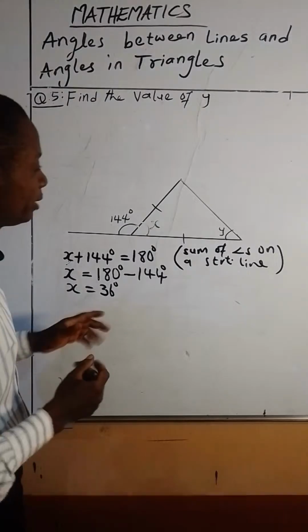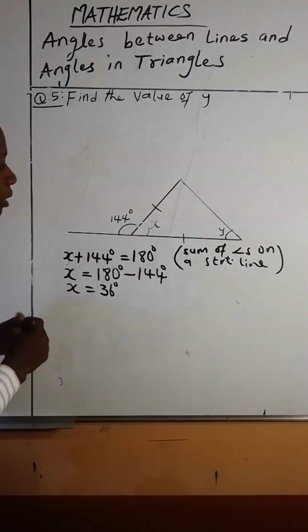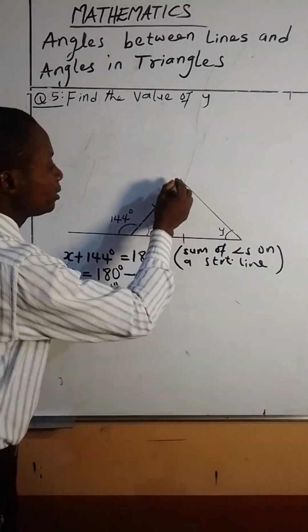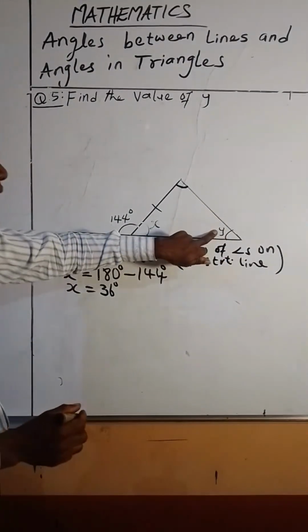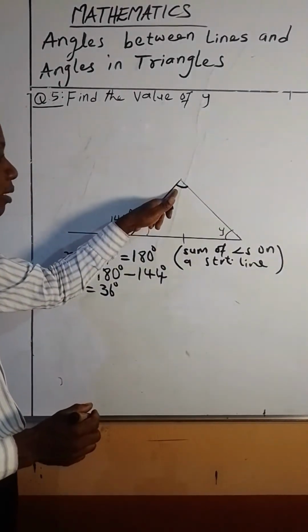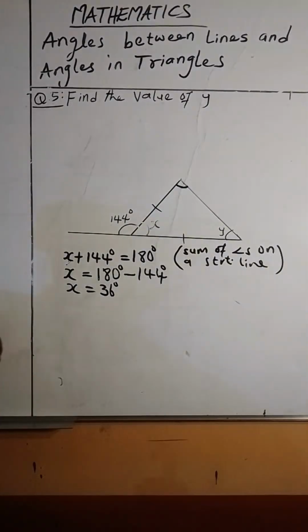Please pay attention to this. We are aware that this angle here is equal to this angle. So if this angle is y, it means that this angle is also y. And how do I know? I know because these are base angles of isosceles triangle.